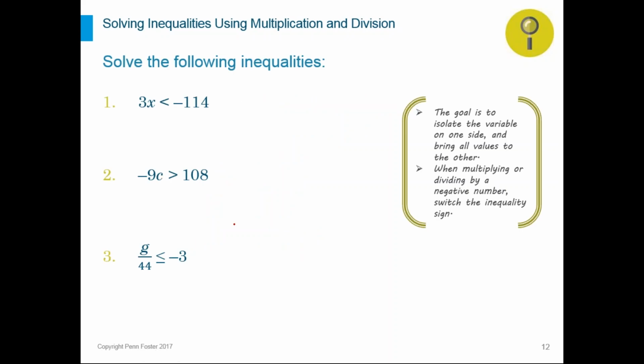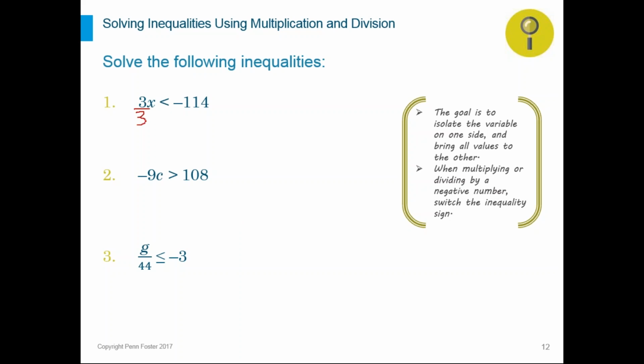Okay, let's solve more inequalities. And this time we are going to solve inequalities using multiplication or division. Now, how do I decide what to do? Remember, we reverse whatever is being done to our variable. This variable x is multiplied times 3. Reverse that, undo the multiplication, then divide.